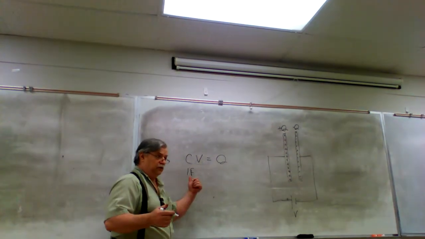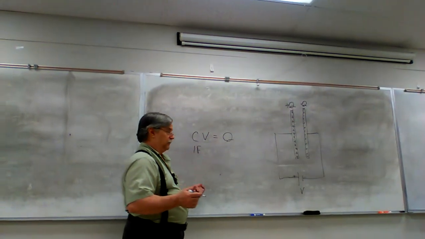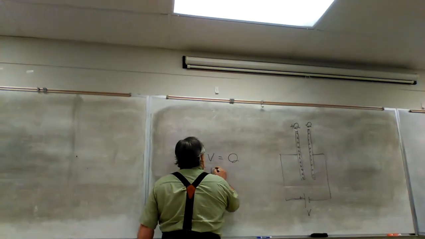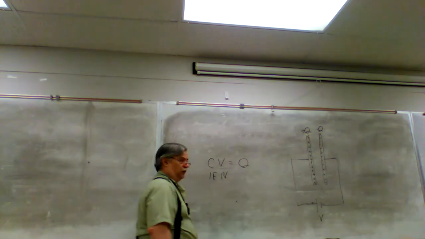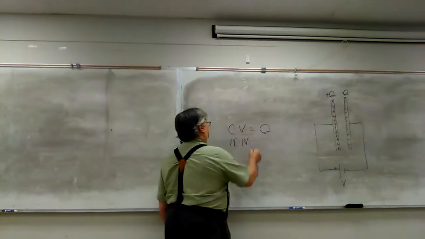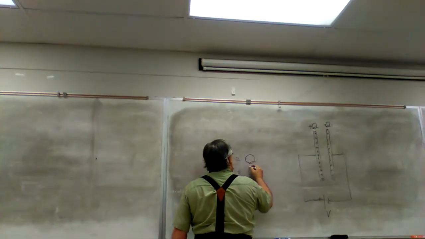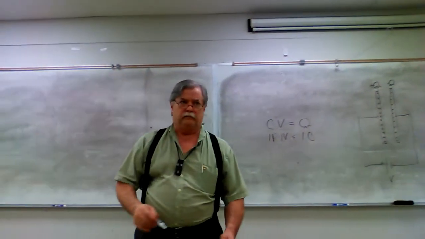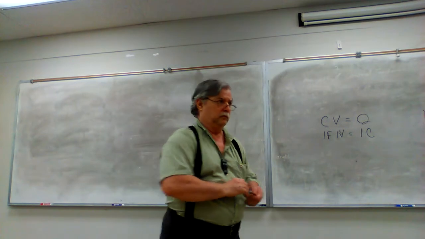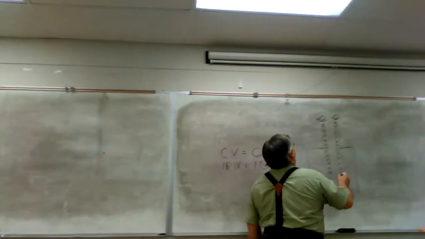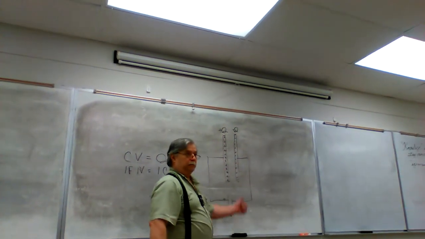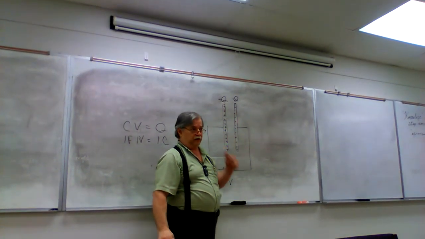But the units were still defined in this way. 1 farad of capacitance: if you put 1 volt of potential across 1 farad of capacitance, you will have 1 coulomb of charge. Or more specifically, minus 1 coulomb of charge on the negative plate and plus 1 coulomb of charge on the positive plate.